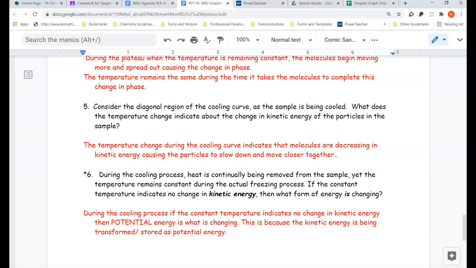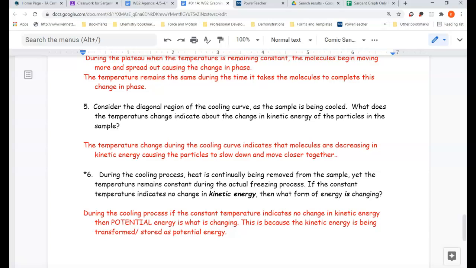And so if there's less motion, there's a transfer or transformation of energy into what we call potential energy, which is stored energy. It's going to store the energy in between the bonds of molecules and their intermolecular forces. We're going to store that energy right in there and convert it back to its solid form.